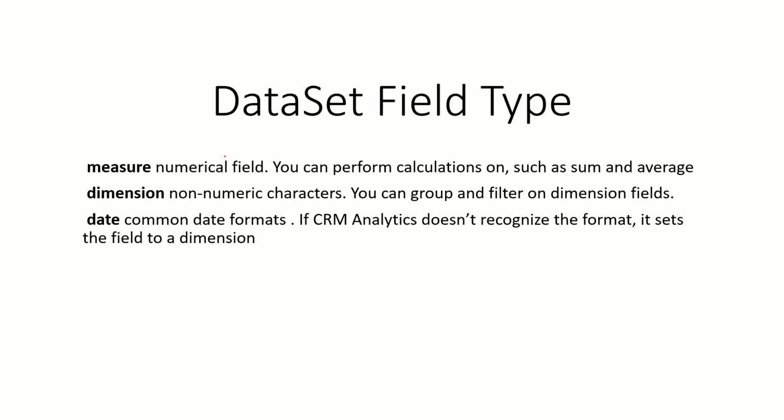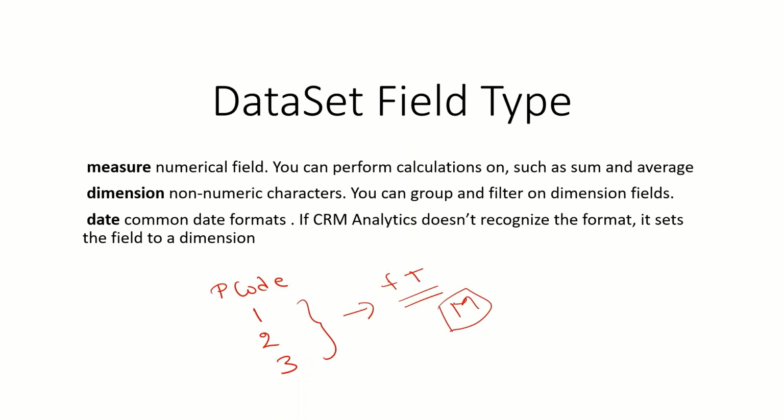Now there can be a case where you have a zip code column. For example, we have a product code 123. Now we could give this a field type of measure, but we don't have to do any operation like sum or average on this type of thing, right?